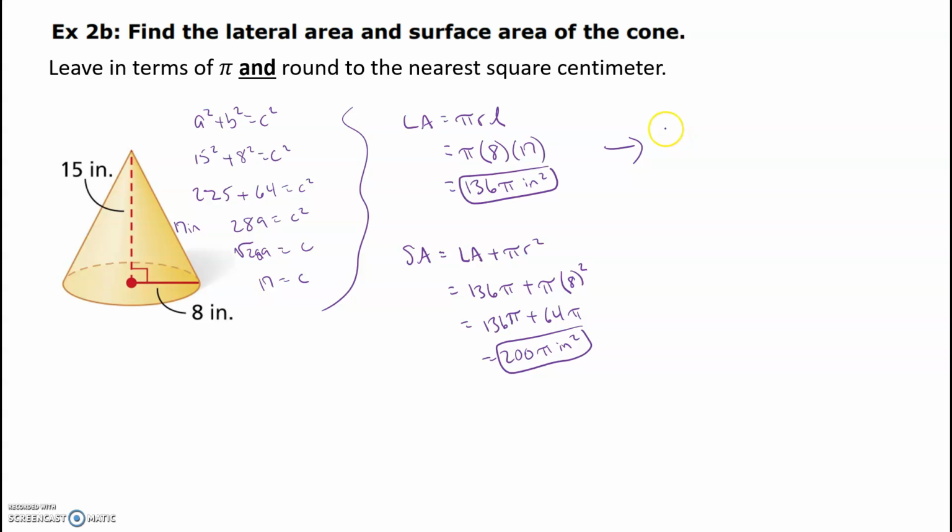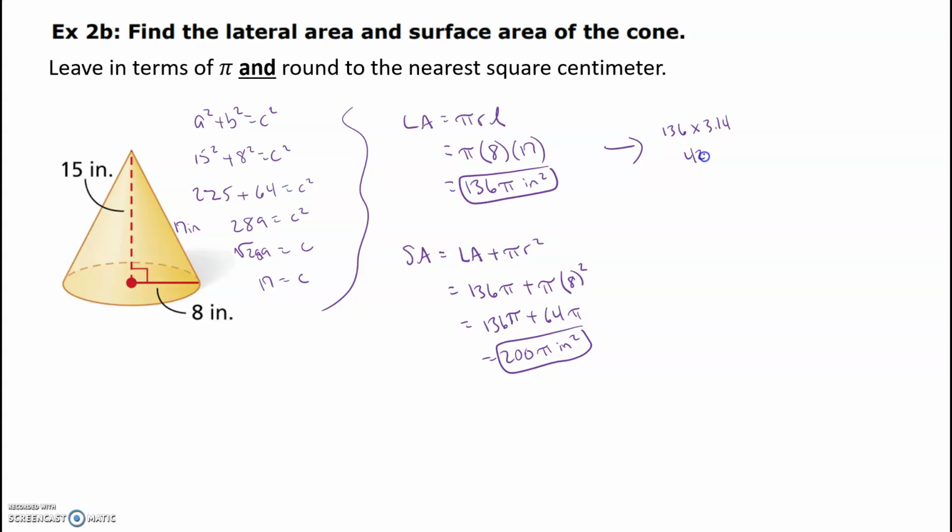Now I'm going to go ahead and round 136, because it did say round to the nearest square centimeter again, times 3.14. I'm going to type that in my calculator, 136 times 3.14.